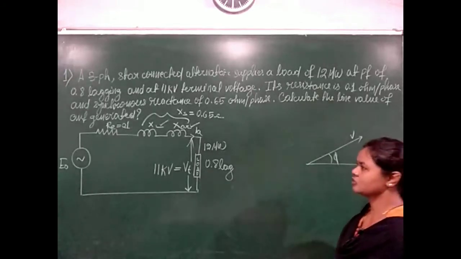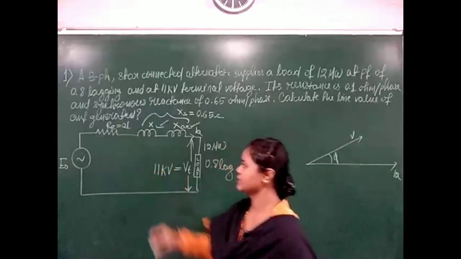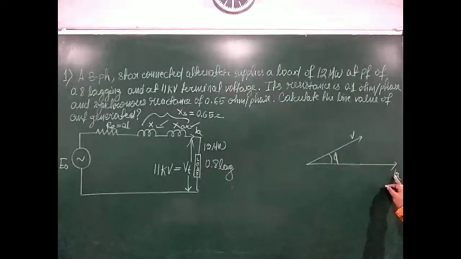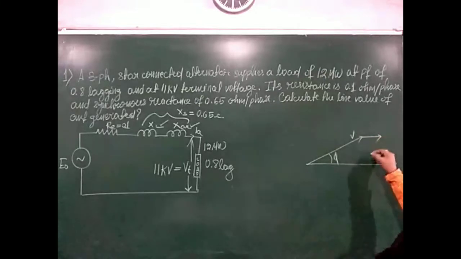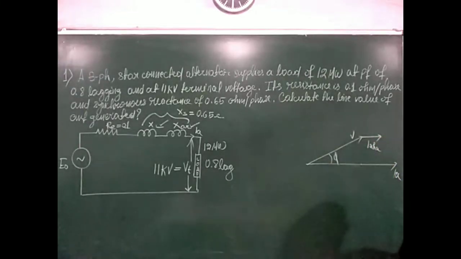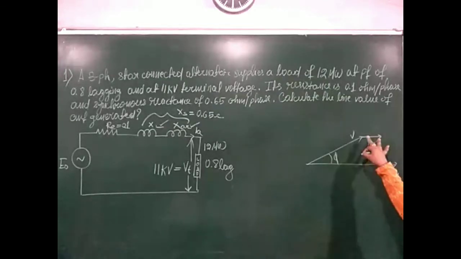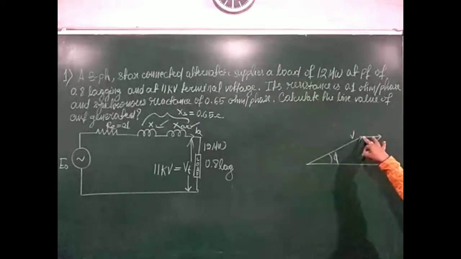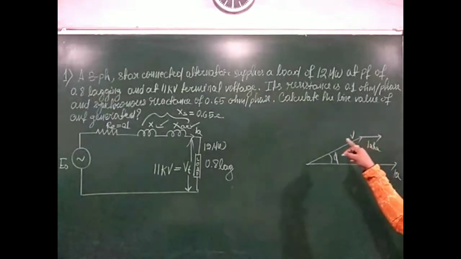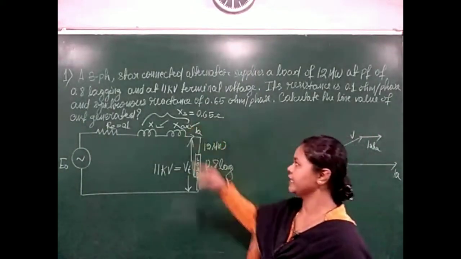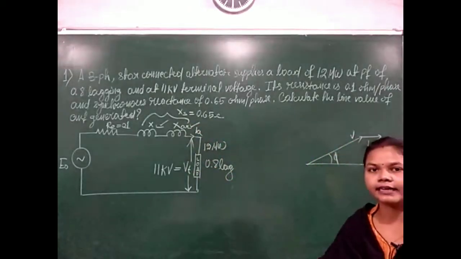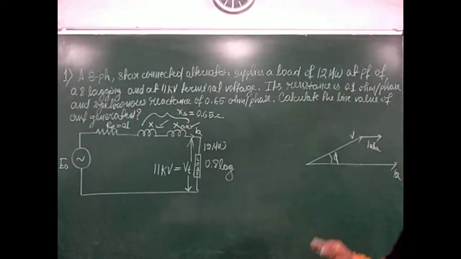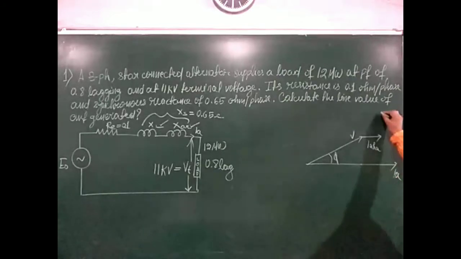Then the voltage drop due to the armature resistance is in phase with this Ia phasor. This one is IaRa, and I extend it here. Then the drop due to reactance leads the current by an angle of 90 degrees.